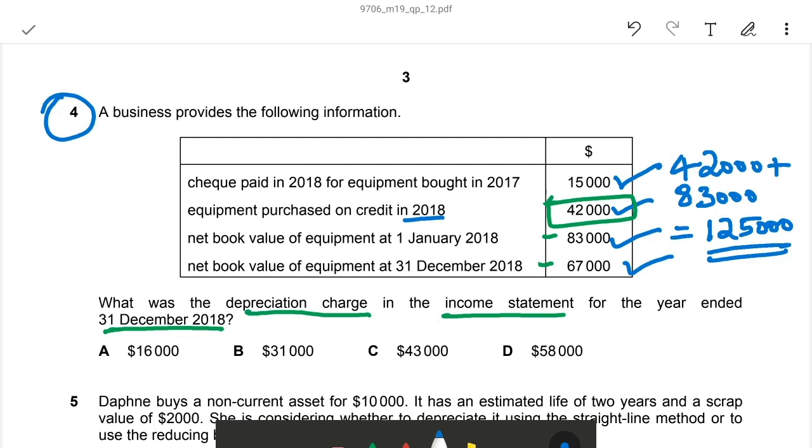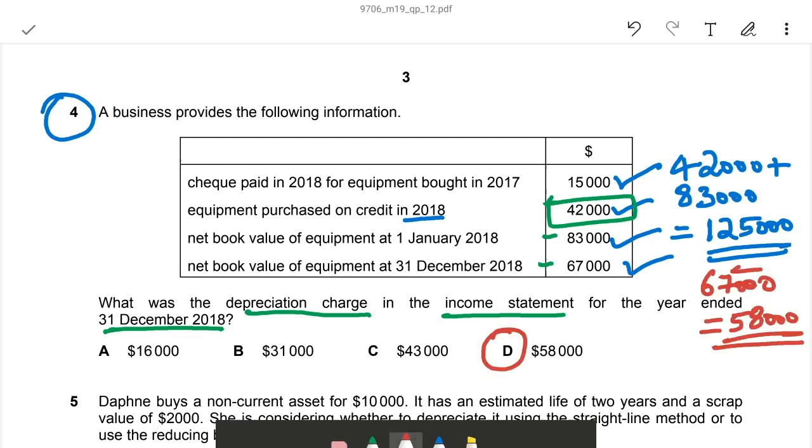But at the end of the year, the net book value is 67,000. So what is the depreciation? Total value minus the end net book value, 125,000 minus 67,000. How much does it come to? 58,000. So the correct answer is D.